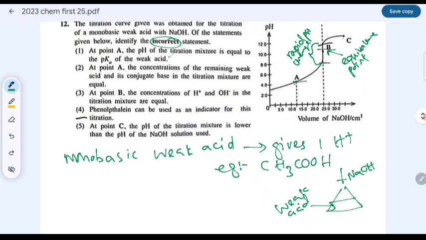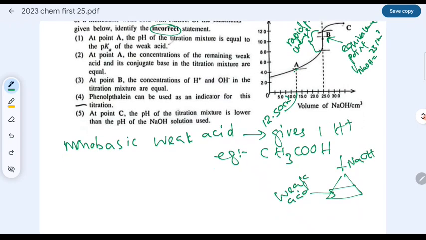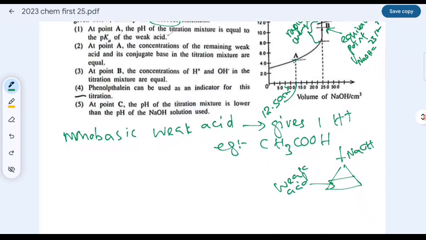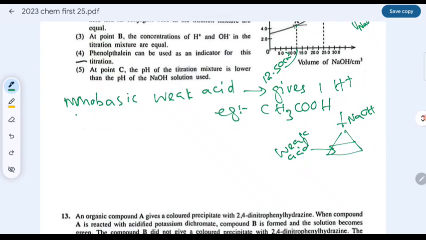So B is the equivalence point. The equivalence point is reached when V of sodium hydroxide is 25 cubic centimeters. And now here the volume is what? 12.50 cubic centimeters.